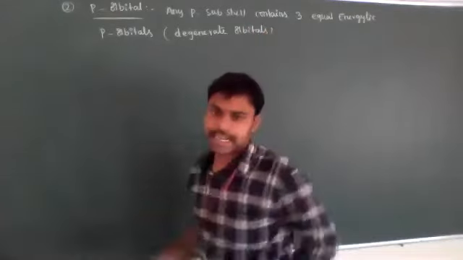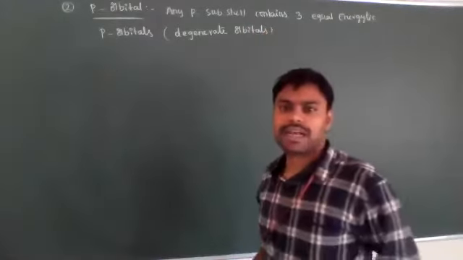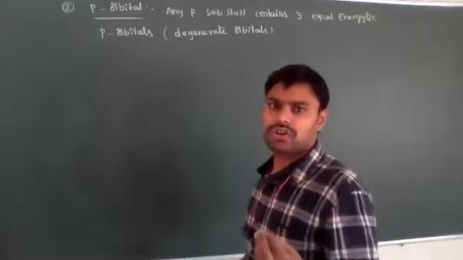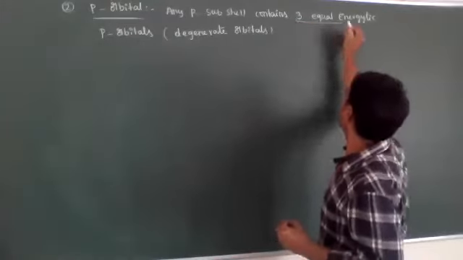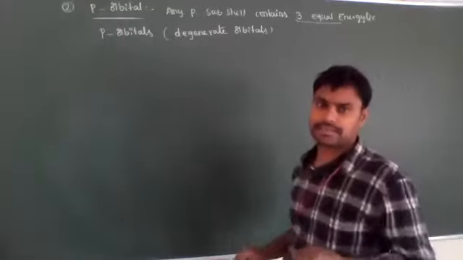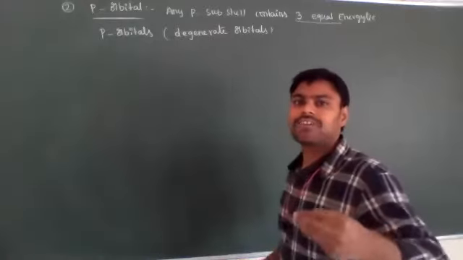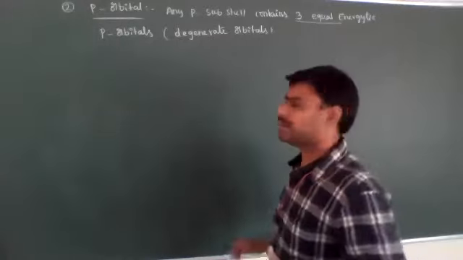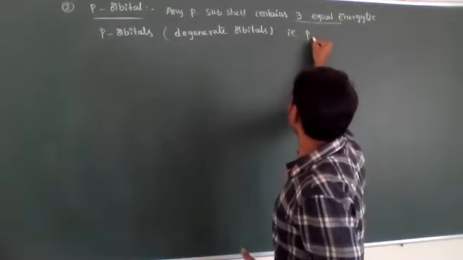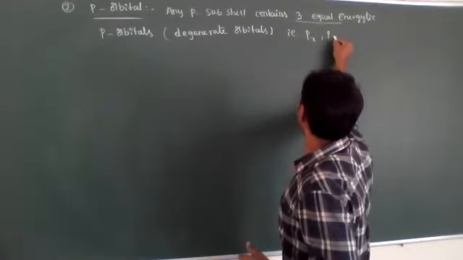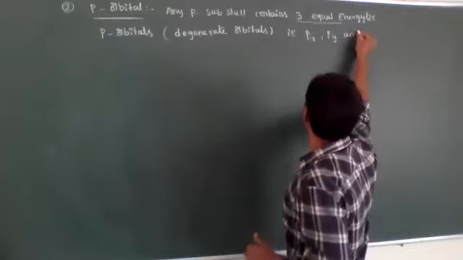What is the meaning of degenerate orbitals? The orbitals which have the same energies. So any p subshell contains how many orbitals? Three equal energetic degenerate orbitals are present, that is Px, Py and Pz.